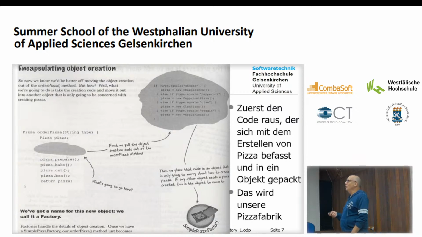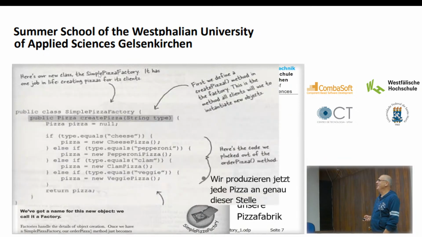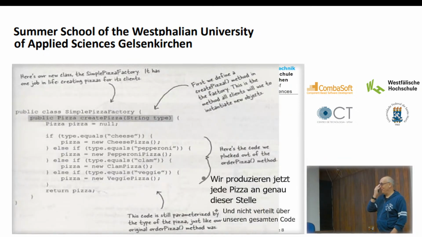We take this part of code, which has obviously changed many times and will be changed many times, into a separate part. And the rest is the same. No modification. Okay, then we make a public class. It's called SimplePizzaFactory. Now we have a factory of pizza, and we create pizza.